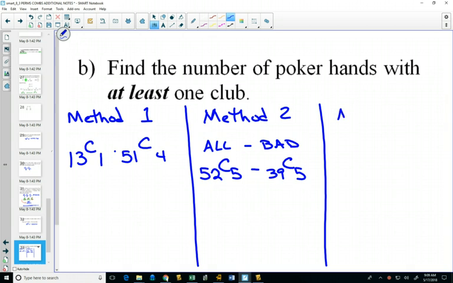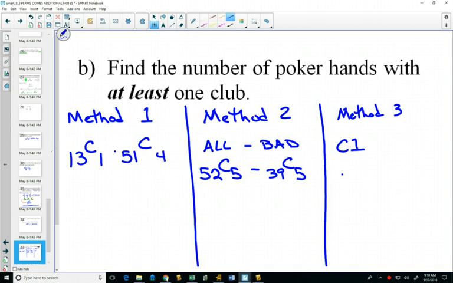And method 3, says, you know what? I think I'm going to break this up and count it as different cases. So in case 1, I'm going to count how many hands have one club.